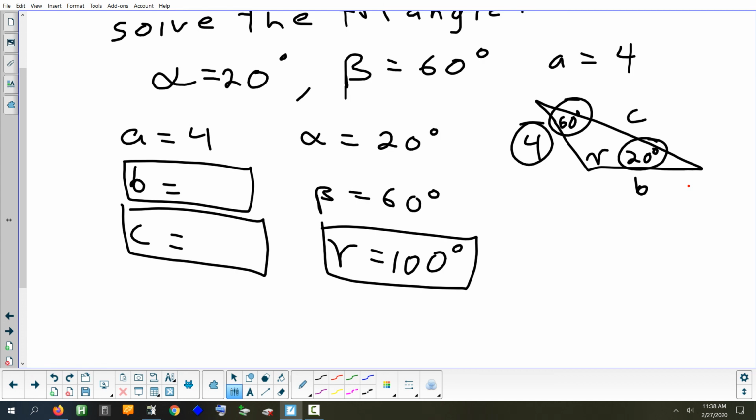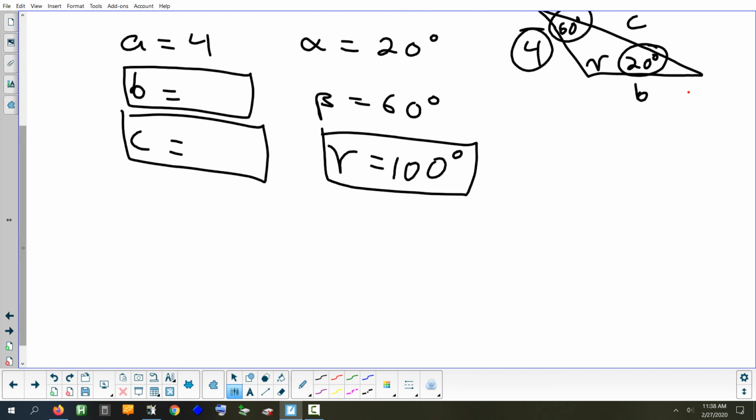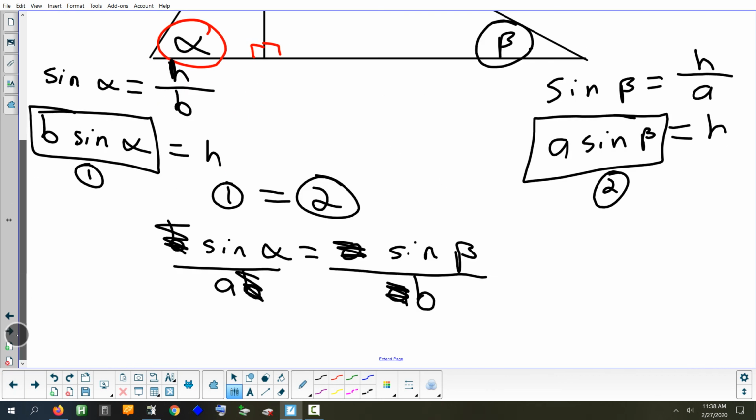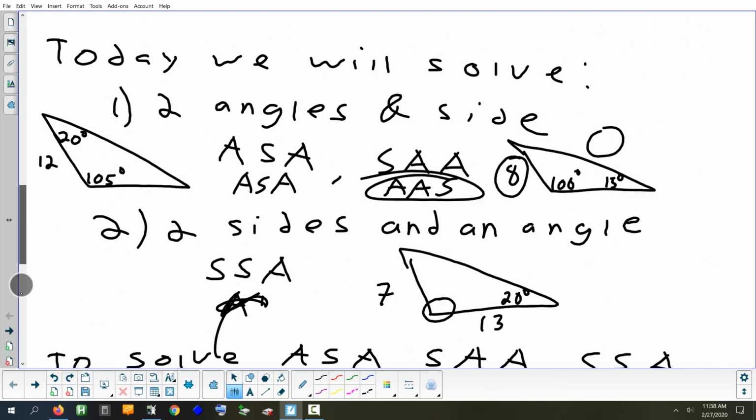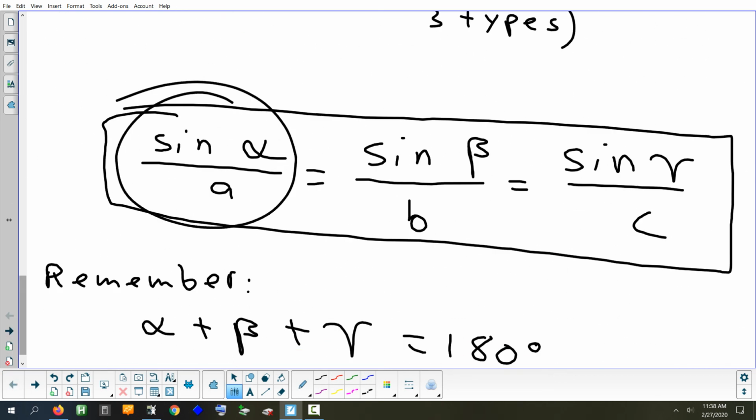Okay, so let's set up our proportion to find B. At this point, you have a choice. You can do B or you can do C. It doesn't matter which one you pick. Always start with a row that has everything in it. So we're definitely going to want to use row A. We're going to take your law of sines and fill in this part right here.